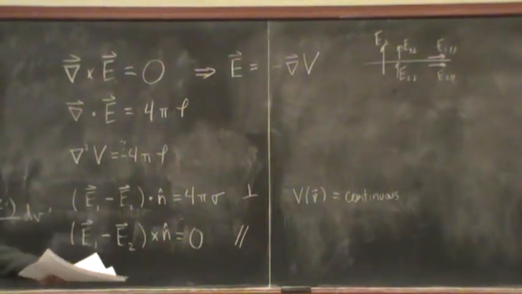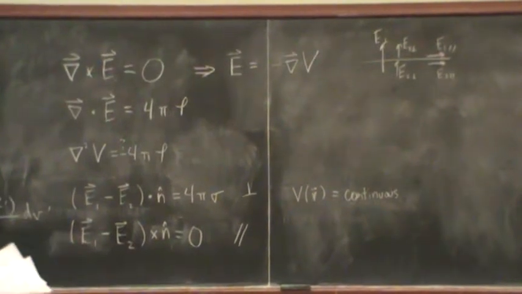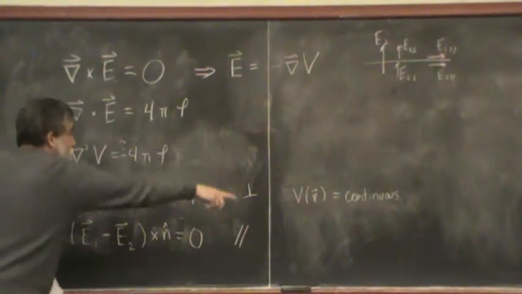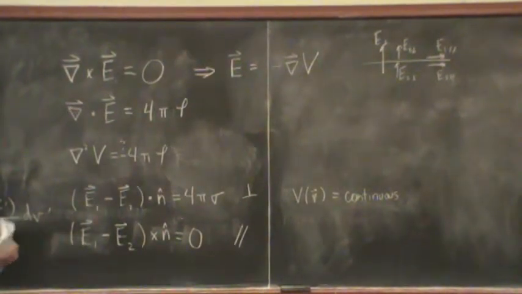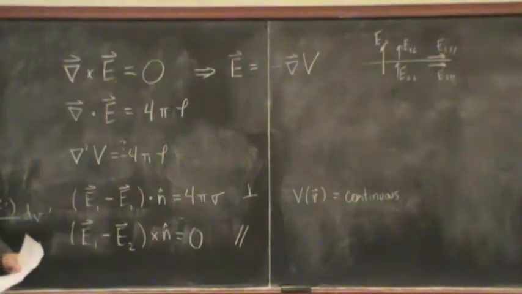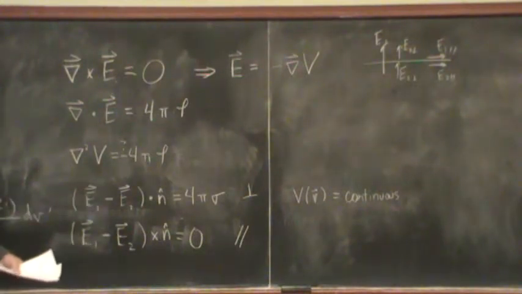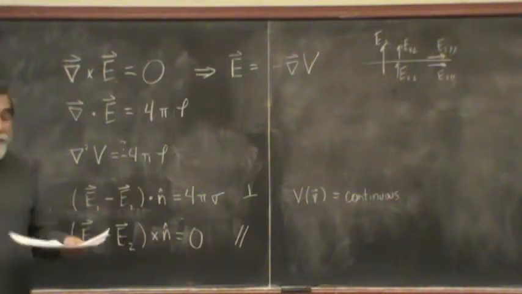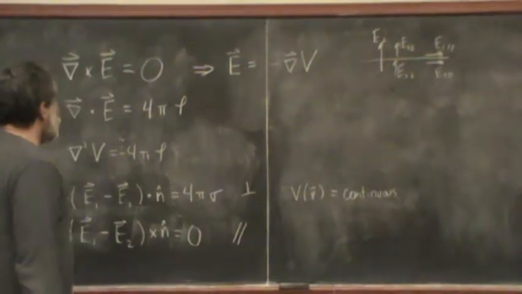That means that at an interface, the potential on one side is equal to the potential on the other side of the interface. This sort of combination here, plus any other boundary conditions that we explicitly write down, are what's going to allow us to solve for the potential under a wide range of possible boundary conditions.